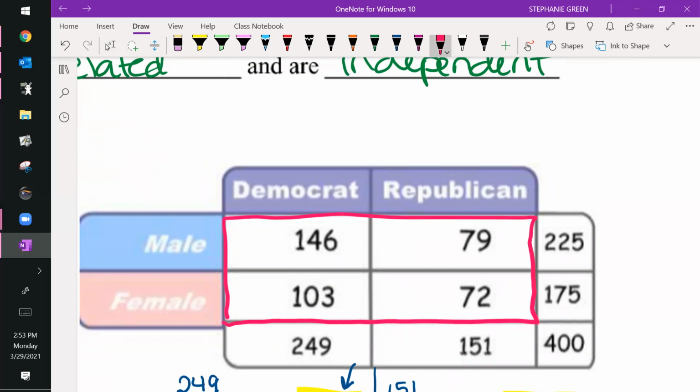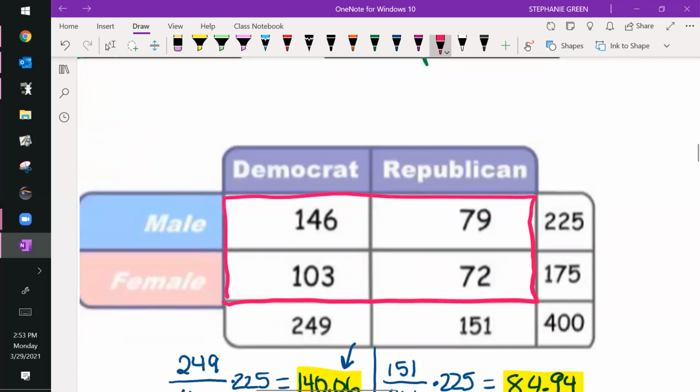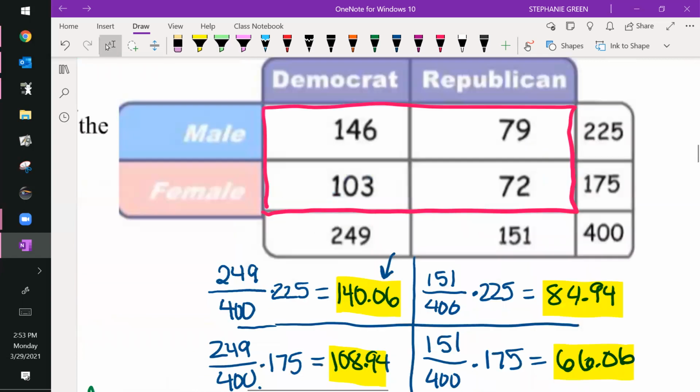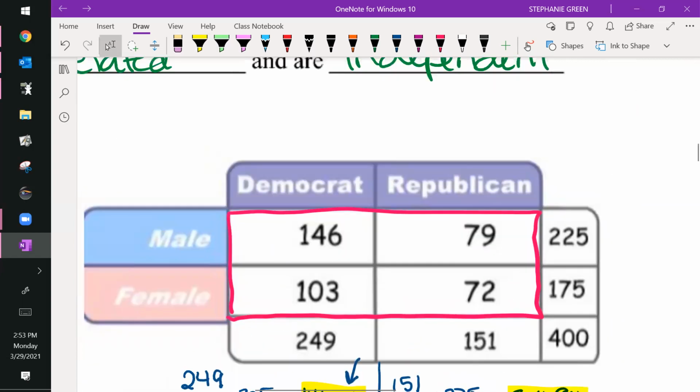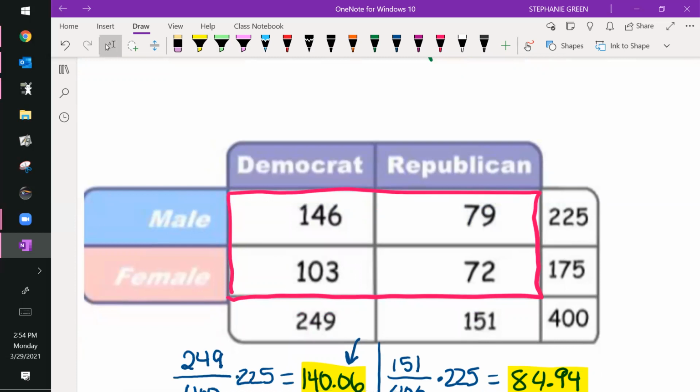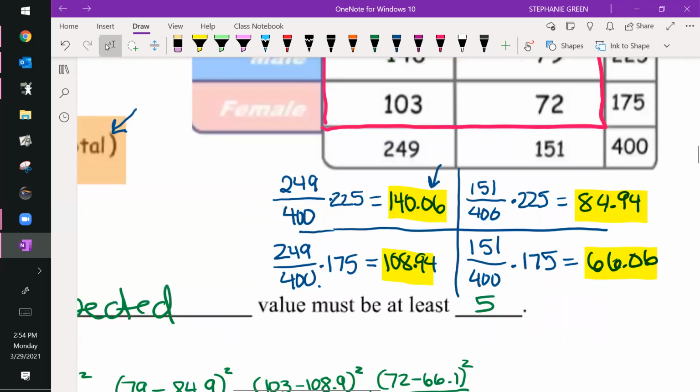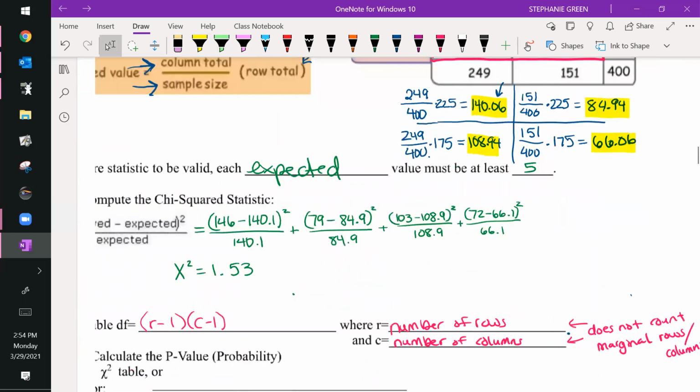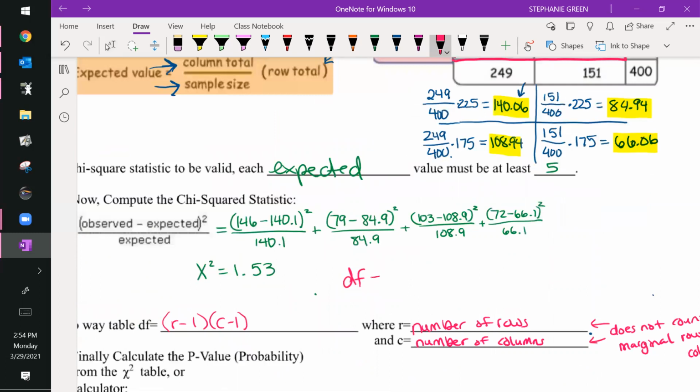So we would say this is a 2 by 2 frequency table. We're actually going to put this in matrices later on, and I would consider this a 2 by 2 matrix. So if I wanted to calculate the degrees of freedom for this distribution, I would take my number of rows, which is 2, minus 1, times the number of columns, 2, minus 1. That's 1 times 1, which is just 1.